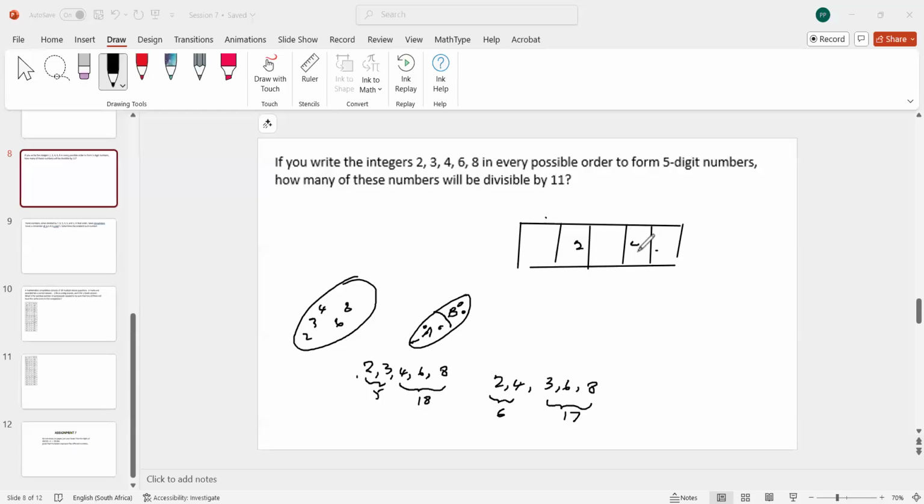You could have 2, 4 there, or you could have had 4, 2. That's also possible. And then you got these other numbers, 3, 6, 8. They have to be slotted inside here.